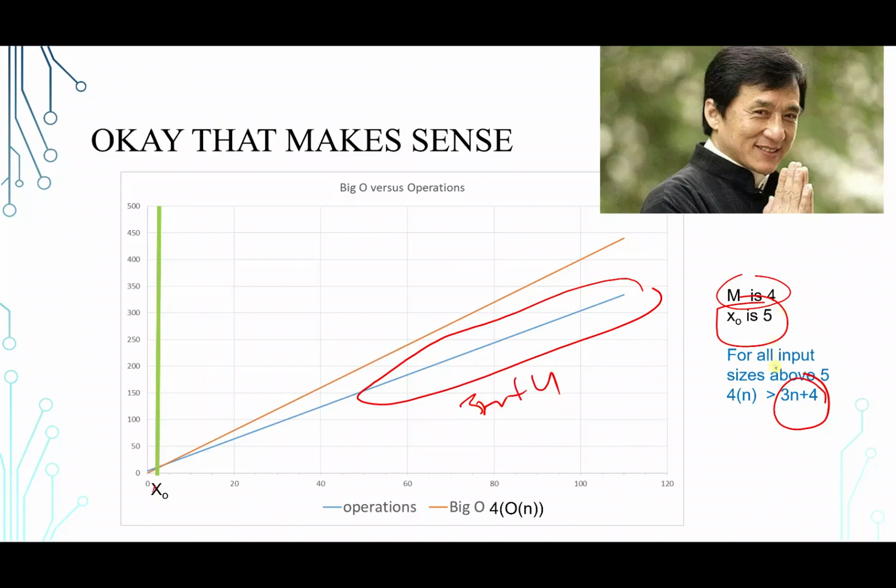So for all inputs, any input above 5, above the x0, this is true: 4n is greater than 3n plus 4. So when I say I have big O of n, I mean I have m multiplied by n, m being 4, and the lowest n is x0, which is the 5.